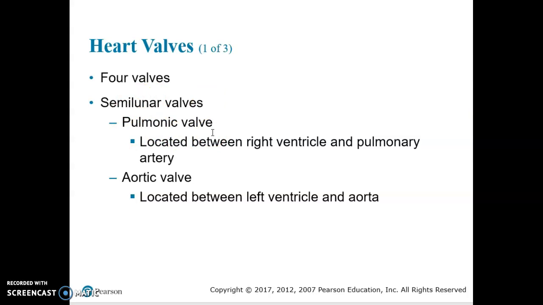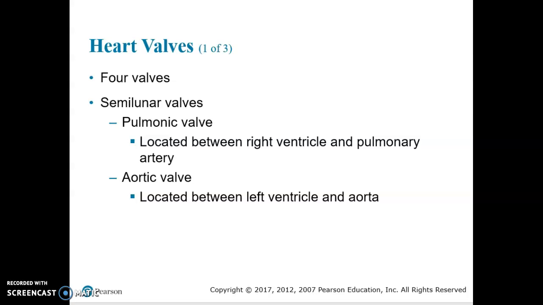So we know that the pulmonic valve lies between the right ventricle and the lungs, and the aortic valve lies between the left ventricle and the body. These are semilunar in shape, okay? So just know that they prevent that backflow of blood.